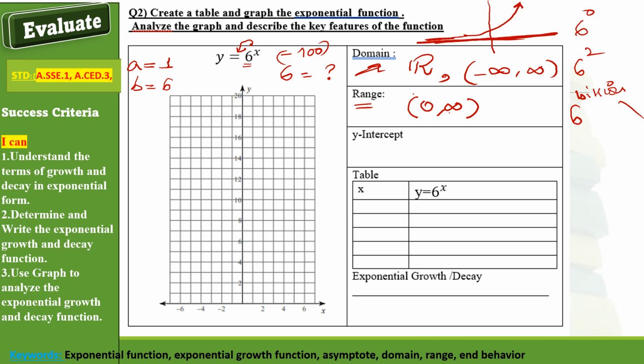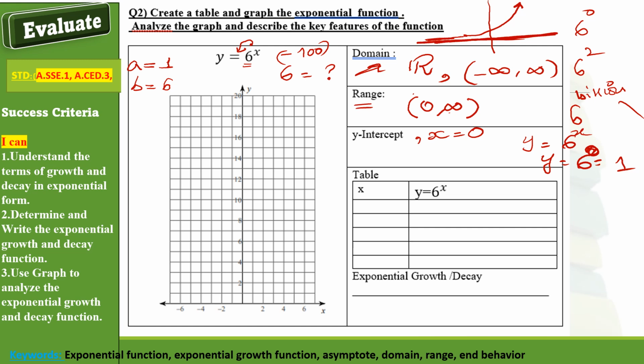Now what is the y-intercept? The y-intercept means that when x is 0, what would be the value of y? Our function is y equals 6 to the power of x. In place of x, if I write 0 and put it in the calculator, or even mental math tells me that anything having a power of 0, the answer is 1.